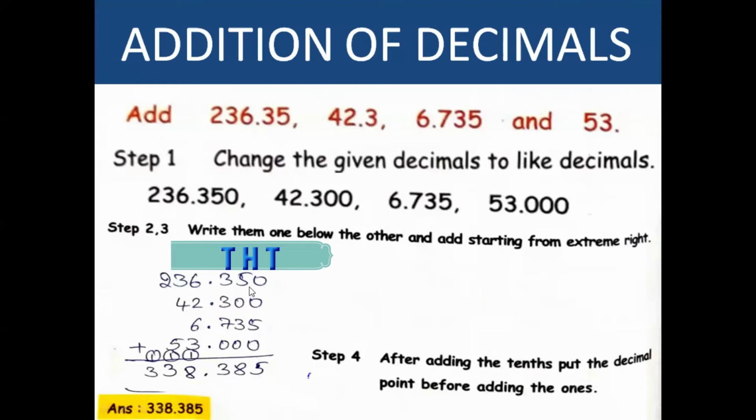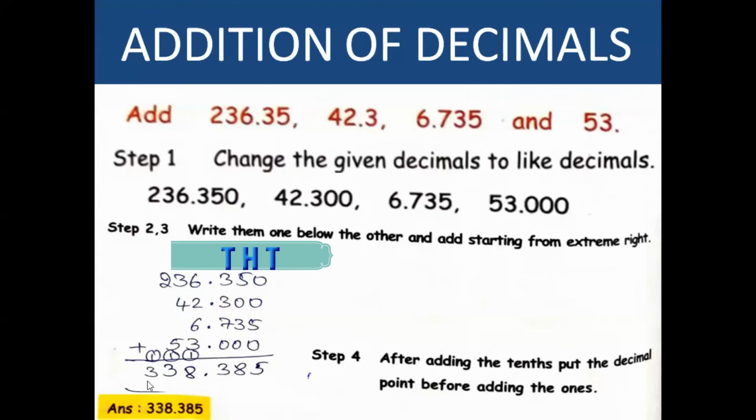Now see, 5 plus 0 plus 3 plus 0, 8. It is in the hundredths place. Next, 3 plus 3 plus 7, total 13. Write it in the tenths place.